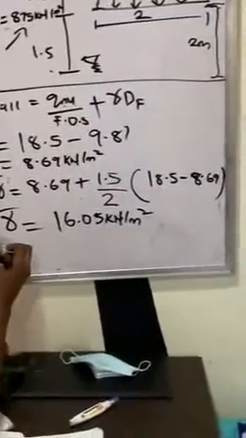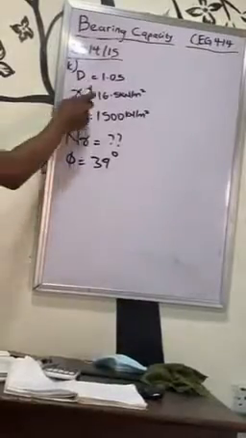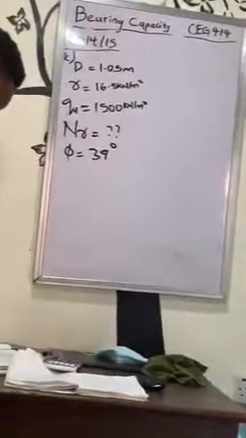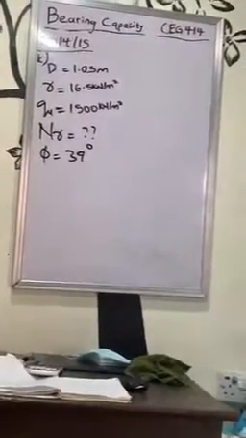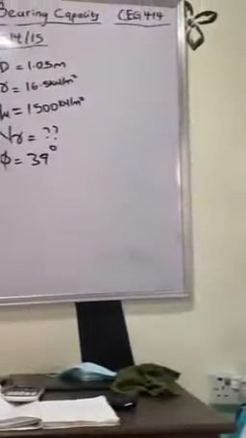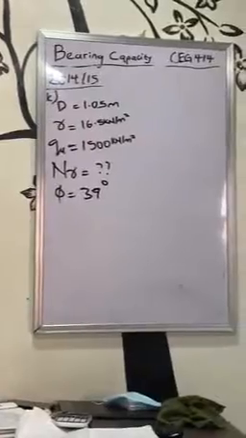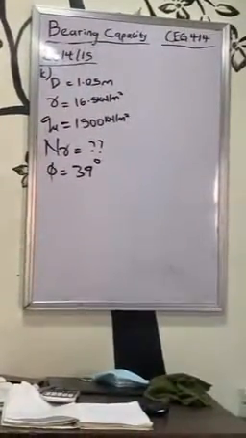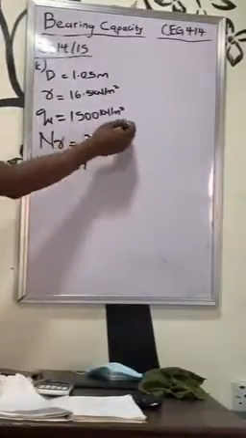Next question: a circular plate of diameter 1.05 meter was placed on the sand layer at the ground surface and loaded to failure. The sand has a unit weight of 16.5 kilonewton per meter cubed. The failure load gave a pressure of 1,500 kilonewton per meter square.